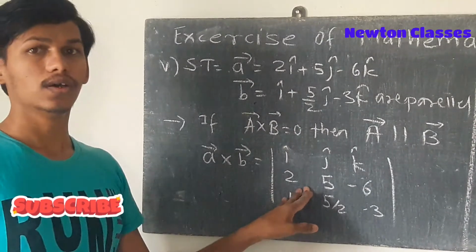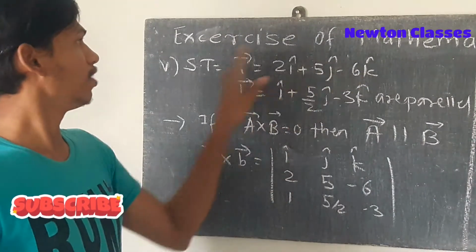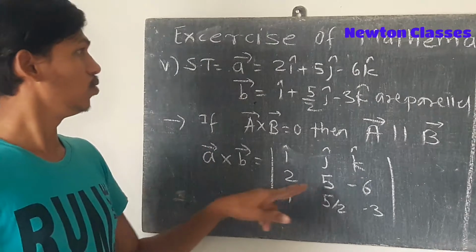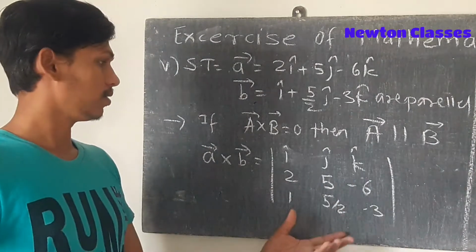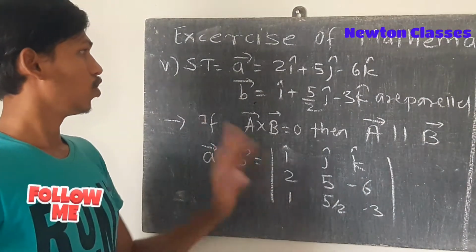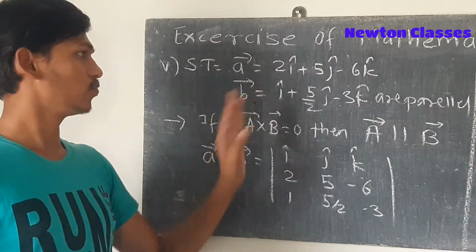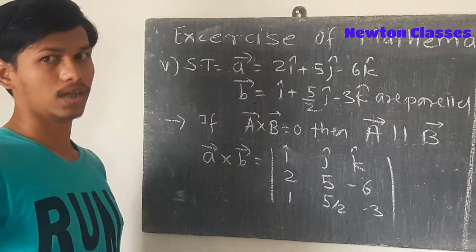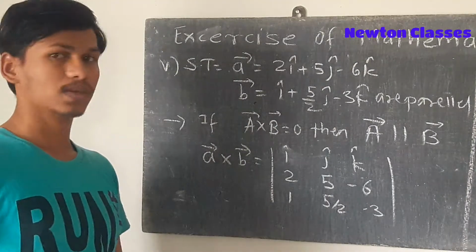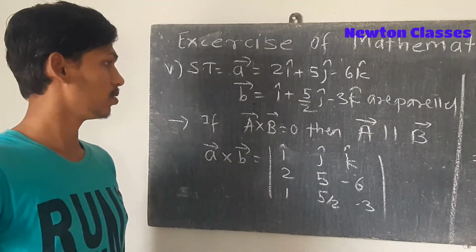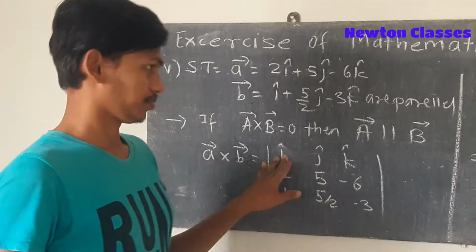The second row is the coefficients of i, j, k of the first vector, that is 2, 5, minus 6, and the third row is the coefficients of i cap, j cap, k cap of the second vector, that is 1, pi by 2, and minus 3.